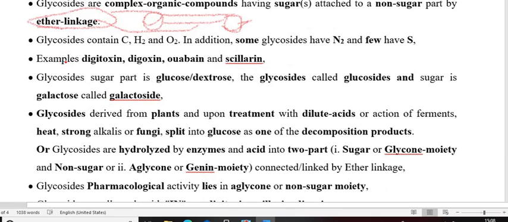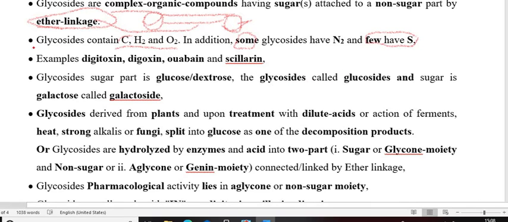So this is important. Another thing is that, similar to alkaloid, glycoside also possesses carbon, hydrogen, and oxygen, but only in very few cases does glycoside possess nitrogen. In some glycosides nitrogen may be present, and in very few glycosides you will find sulfur also.